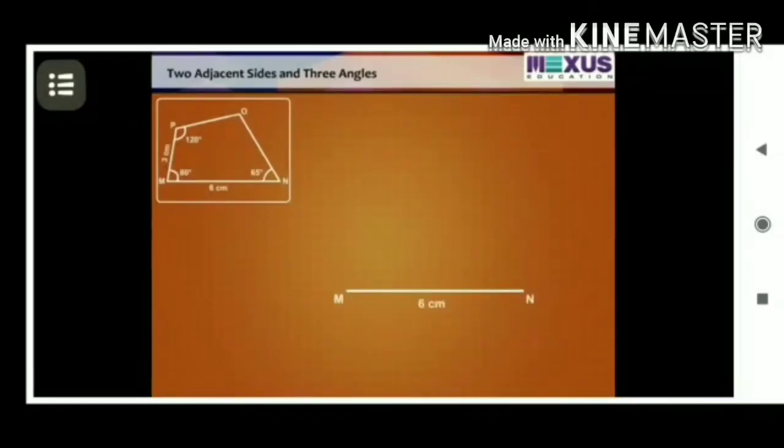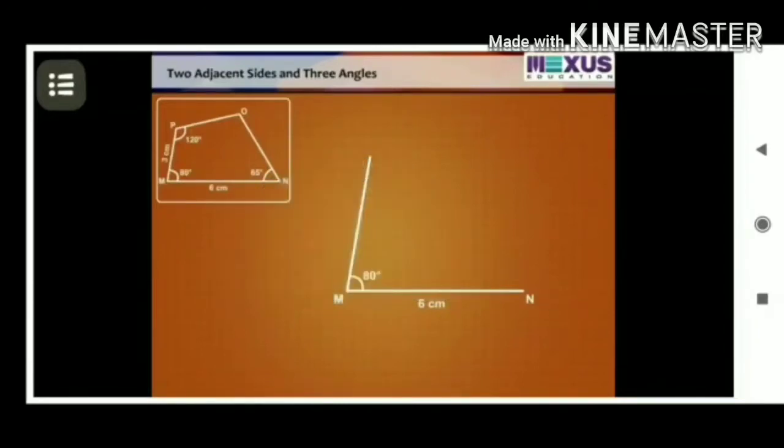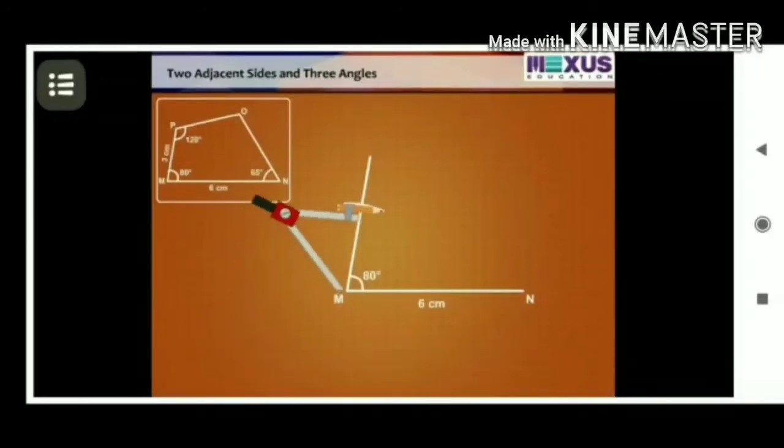Step 2. Now draw angle M equal to 80 degrees with the help of the protractor. Step 3. Cut an arc on this line with M as center and radius 3 cm and mark the point as P, as we know MP is equal to 3 cm. Step 4.